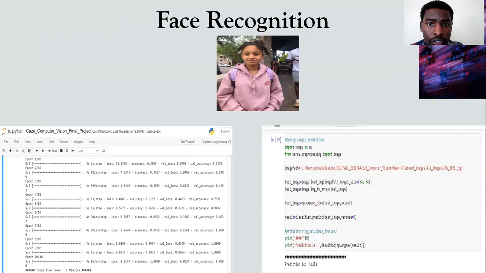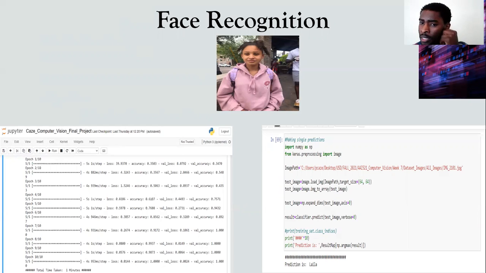So in order to test the trained model, I decided to use this unseen picture of Layla, as you can see up here, and put it into my trained model. It successfully identified the picture as Layla. So I was pretty happy about that.